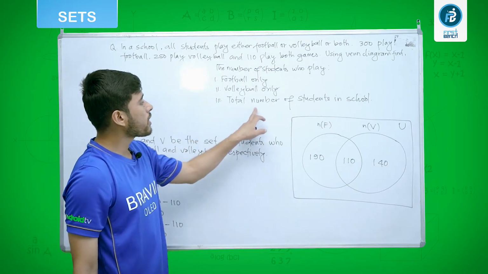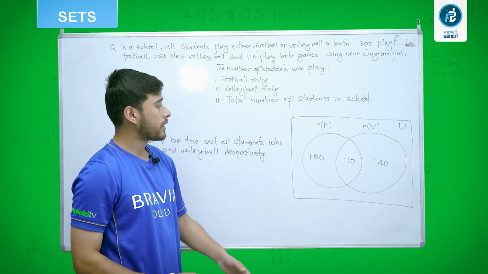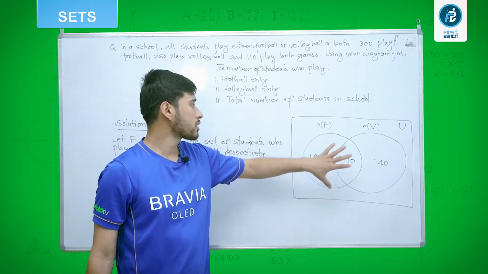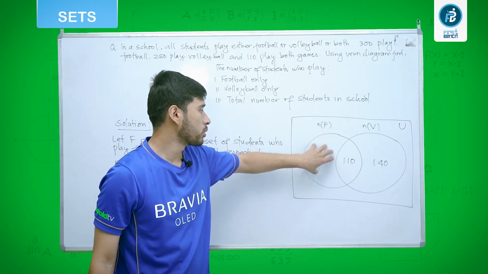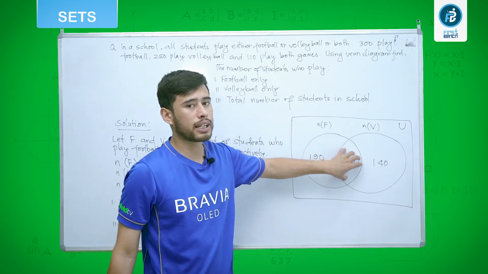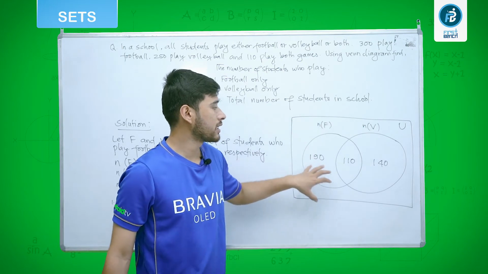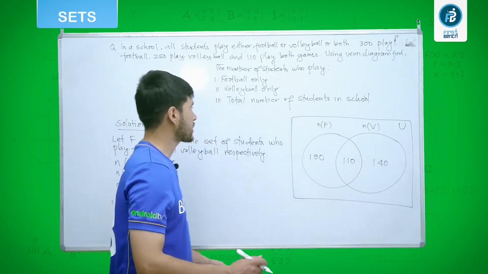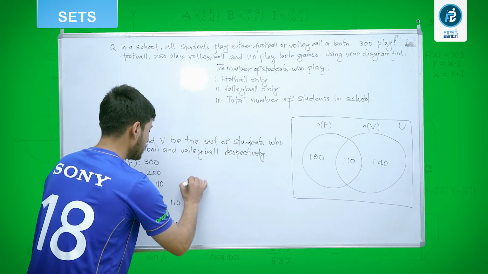Now it says total number of students in the school. Total number of students means those students who play football only, who play volleyball only, and the number of students who play both the games. So adding all these students, we get the total number of students in the school. So, number 3.